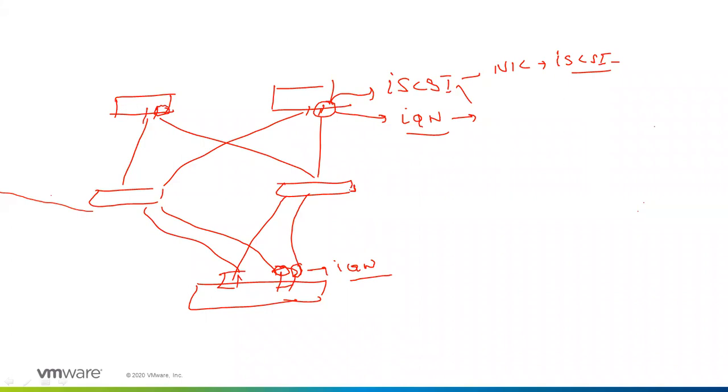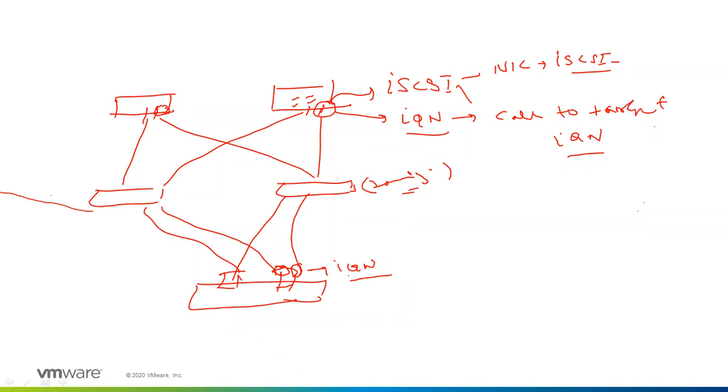Do we need to do any zoning here? The answer is no, because this time my source host will call the target IQN number.